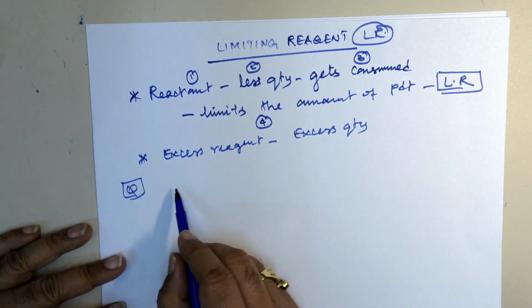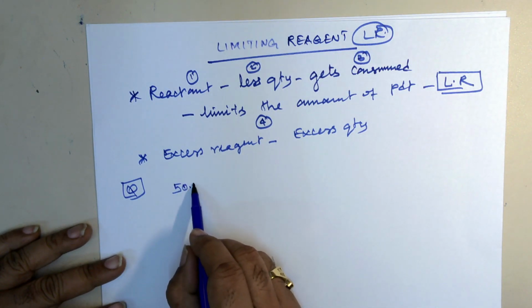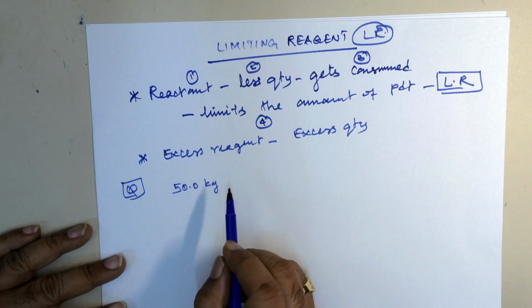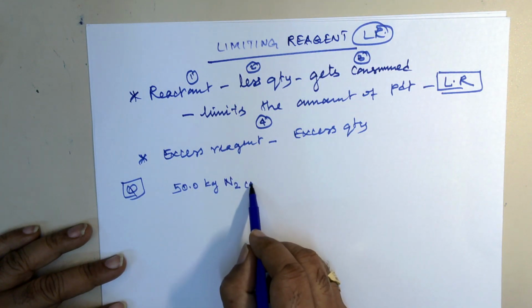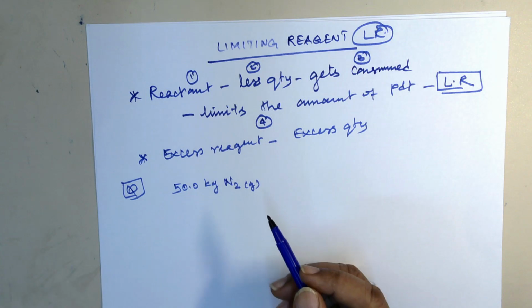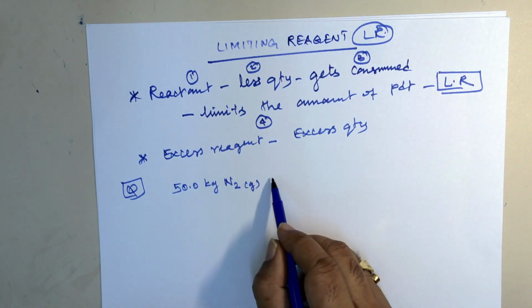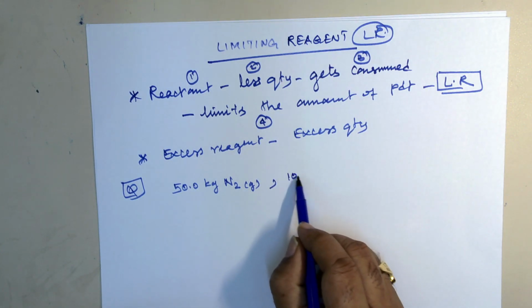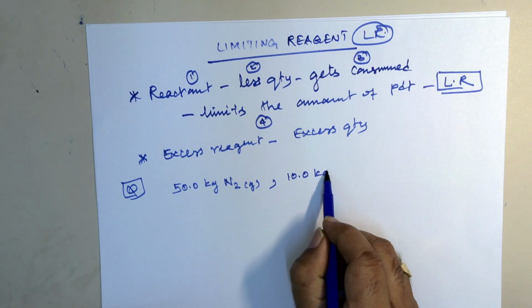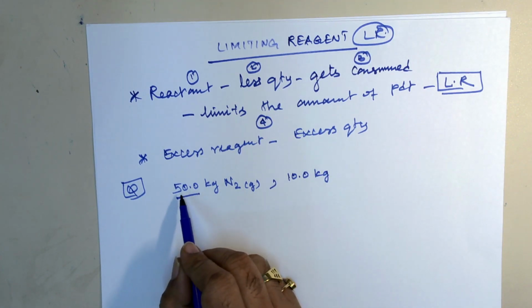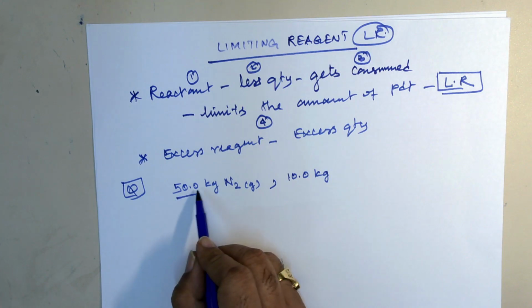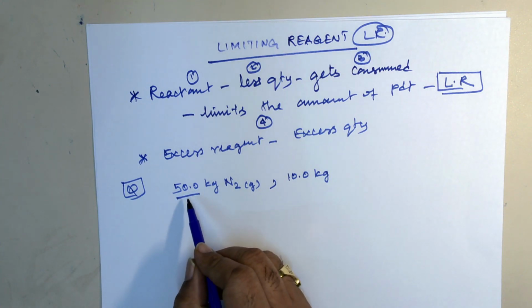50.0 kg of nitrogen gas and 10.0 kg of hydrogen gas. Remember, instead of 50 kg I am writing 50.0. What is the importance of this?